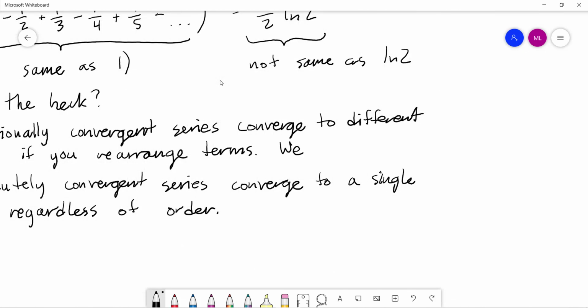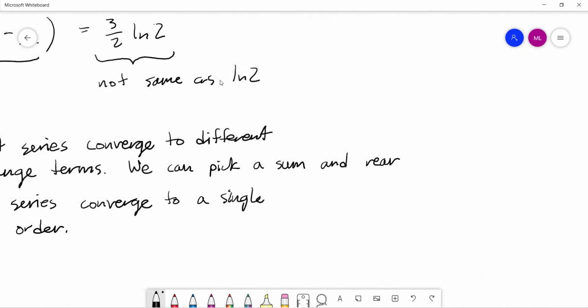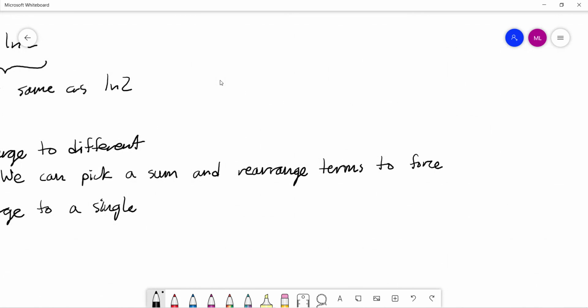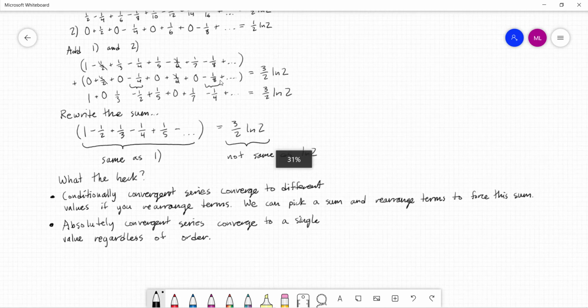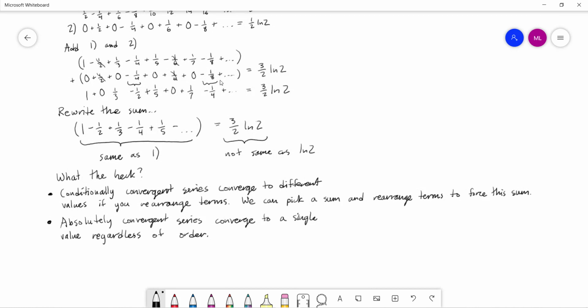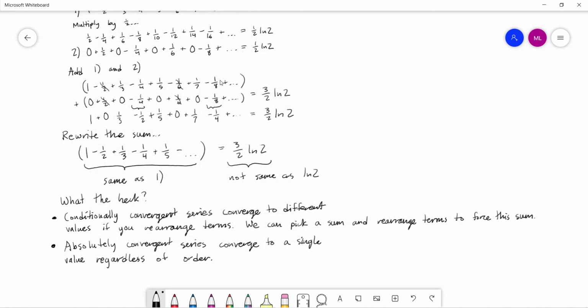So we can pick a sum and rearrange terms to force this sum. That's weird. So this, again, big picture-wise, it's not going to be something that comes up a ton, but it's kind of a cool math paradox here. Absolutely convergent series we can trust, conditionally convergent series not so much.